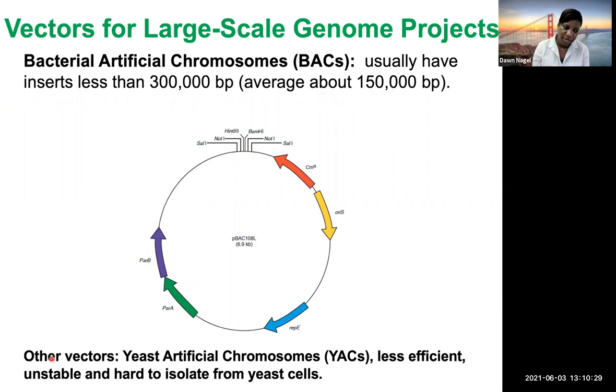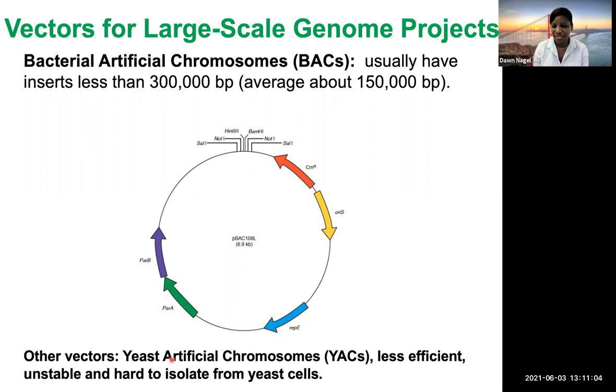And then you can also use yeast vectors, which are YACs, or yeast artificial chromosomes. These are much more difficult to use. They're less efficient, they're unstable, and they're also difficult to isolate from yeast. The protocol to isolate plasmids from bacteria and yeast is a little bit different, because the cell membrane and everything for yeast is a little bit sturdier than bacteria.